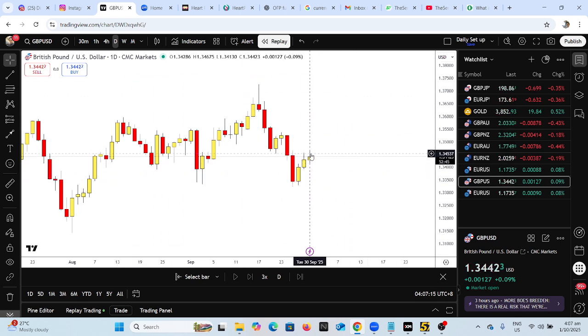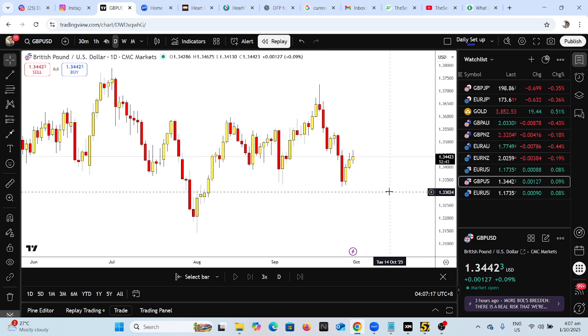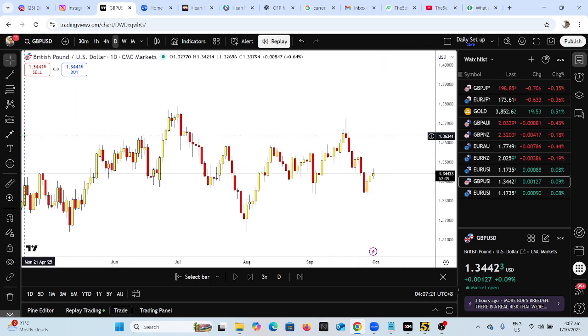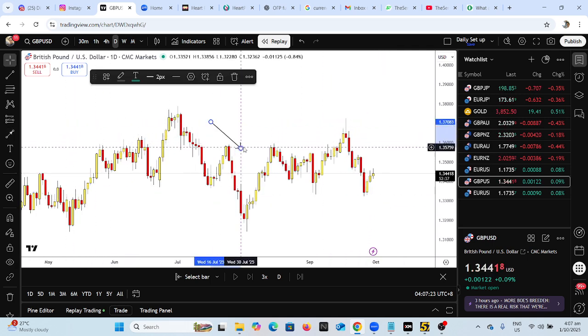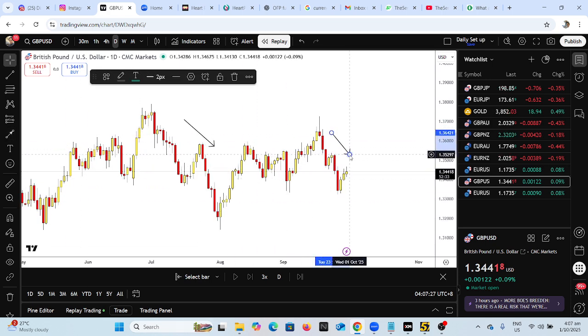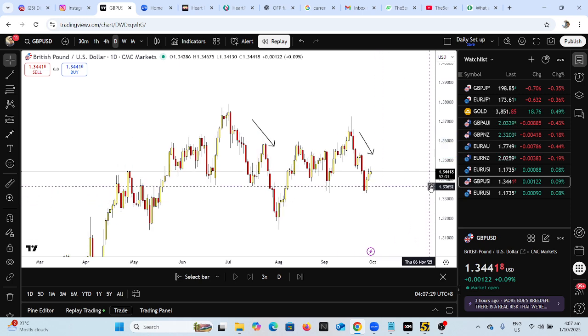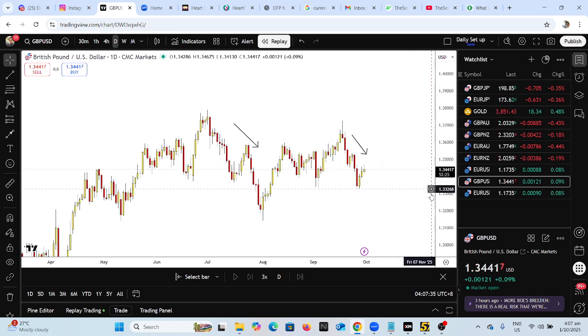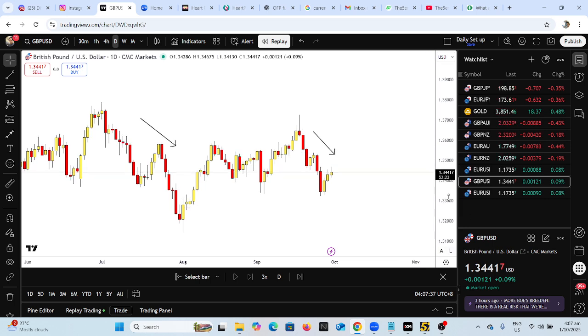Okay, but can we buy? It is a bit risky because I see this general direction of this trend is towards the downside. Alright, so look for a sell will be a much better approach rather than a buy for pound USD.